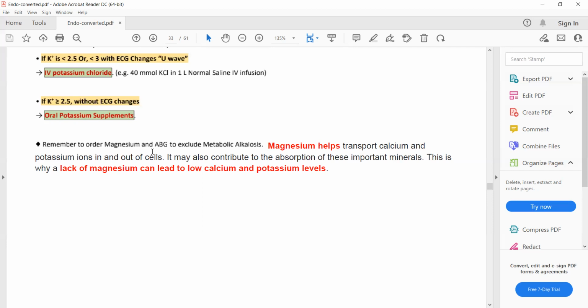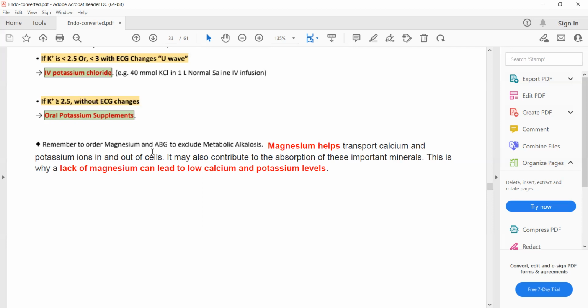So two investigations are important to do in a patient with hypokalemia, and that is magnesium and ABGs. Magnesium to exclude hypomagnesemia and ABGs to exclude metabolic alkalosis. Why is it important to order magnesium levels in a patient with hypokalemia? Because magnesium helps transport calcium and potassium ions in and out of the cell.